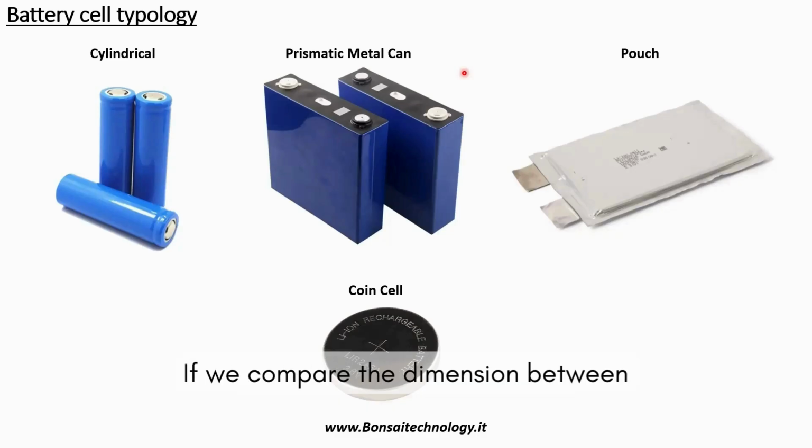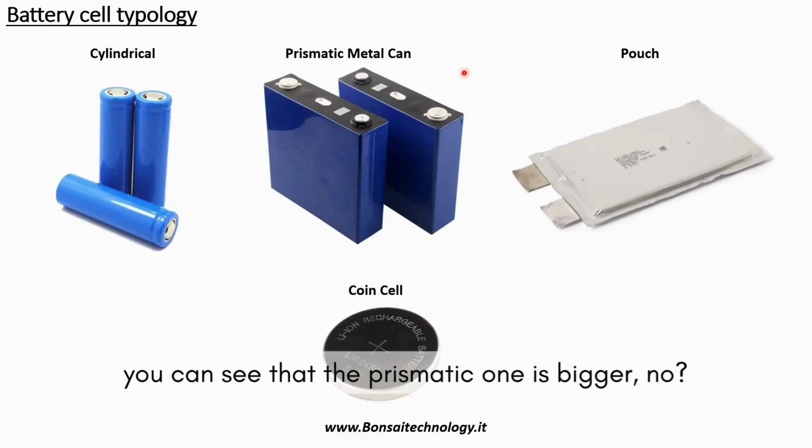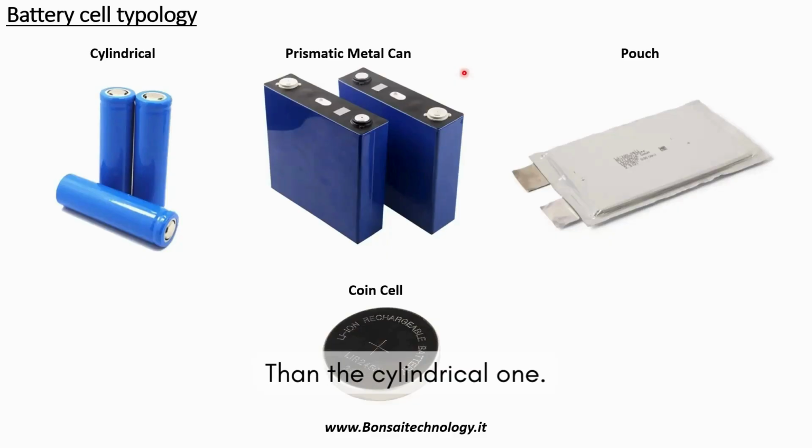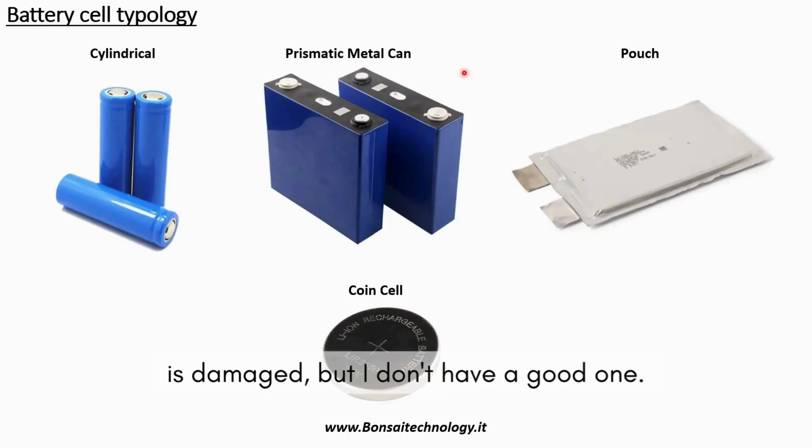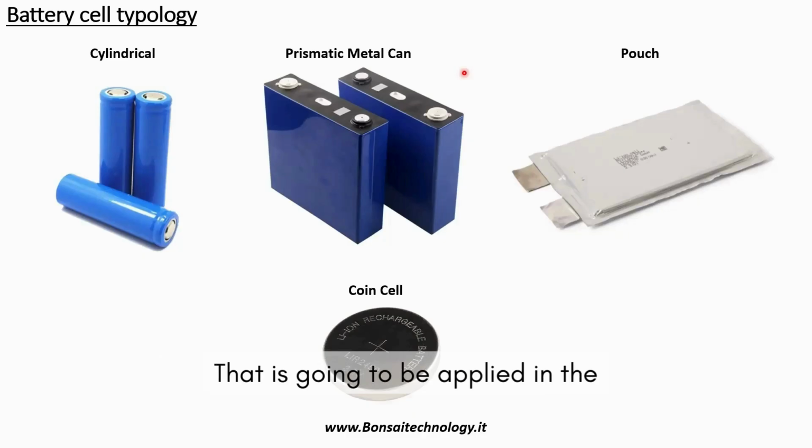Okay, it is a prismatic. If we compare the dimensions of these two, you can see that the prismatic one is bigger than the cylindrical one. And for pouch, we have this kind of cell. Sorry if it's damaged, but I don't have a good one that is going to be applied in EV applications.